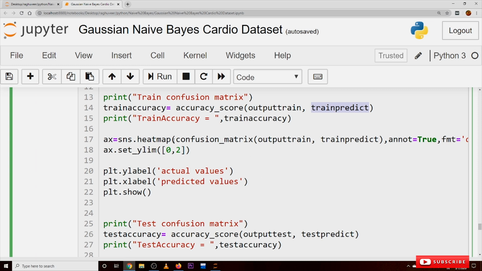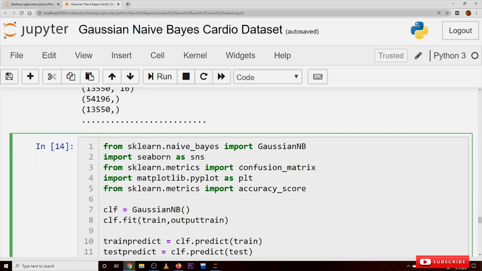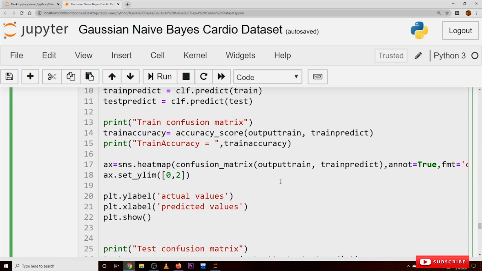How do we calculate the confusion matrix? We use the confusion matrix class, which we already discussed for the previous Amazon dataset. For this, we give the actual data outputs and predicted data outputs as input.